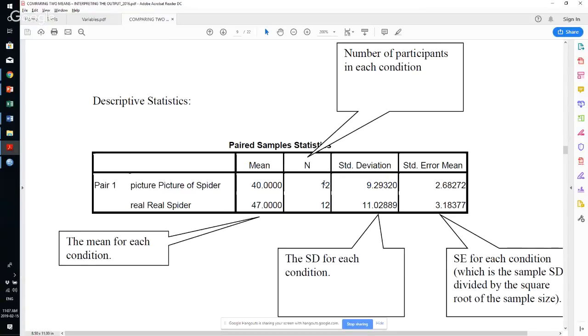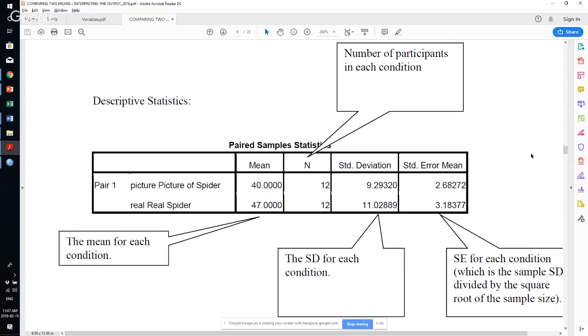Here I get the mean for each condition. We have our standard deviation and our standard error, which is the sample standard deviation divided by the square root of the sample size. So back in the old days before SPSS, you had to calculate each of these things by hand.